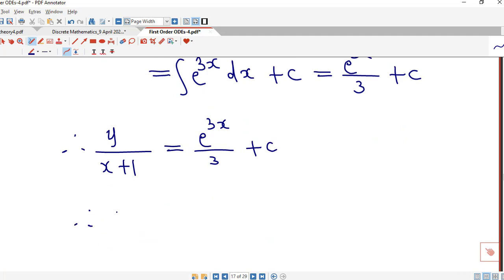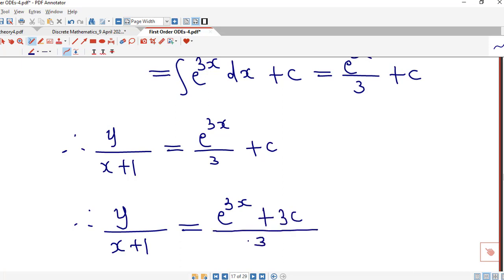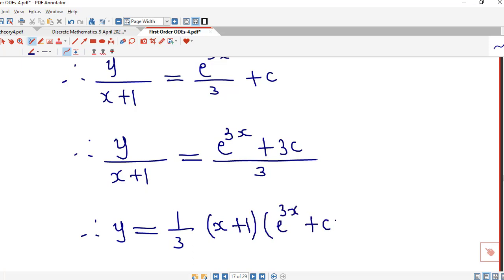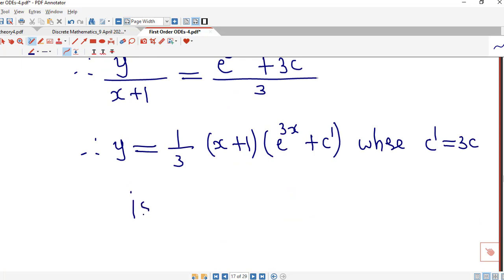If we wish, we can rewrite this as y divided by x plus 1 equal to (e raised to 3x plus 3 into c) divided by 3, and this can be rewritten as y equal to 1 by 3 times (x plus 1)(e raised to 3x plus c dash), where c dash equal to 3c is an arbitrary constant.